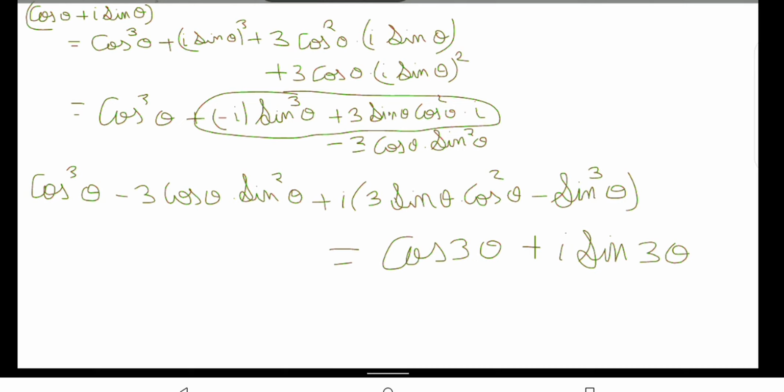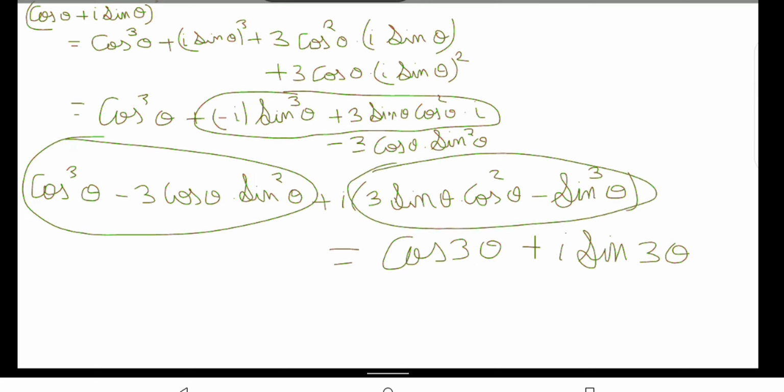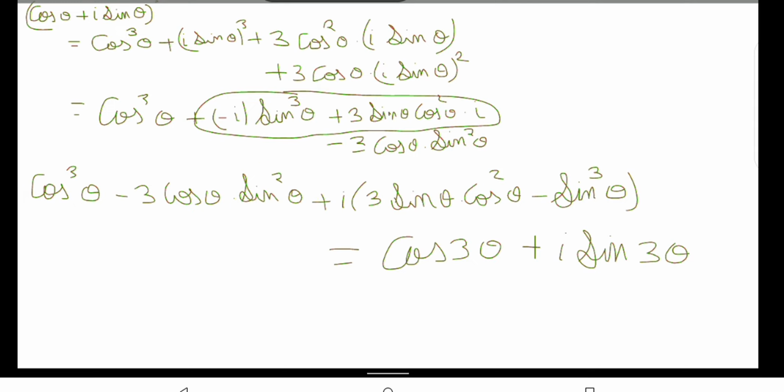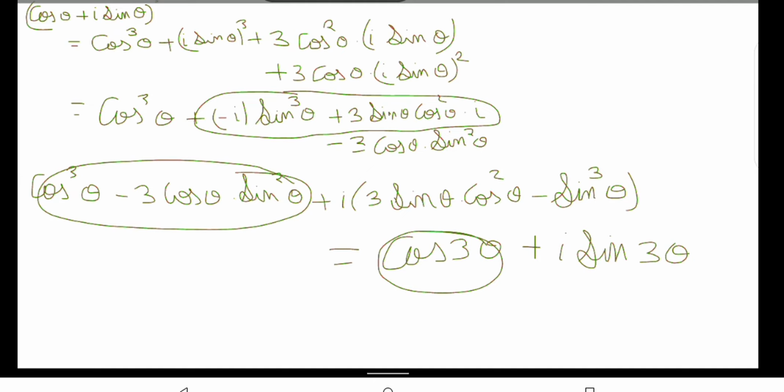Now the left hand side consists of a real number and a purely imaginary number, and the right hand side consists of a real number and a purely imaginary number. If two complex numbers are equal, then their real parts should be equal.